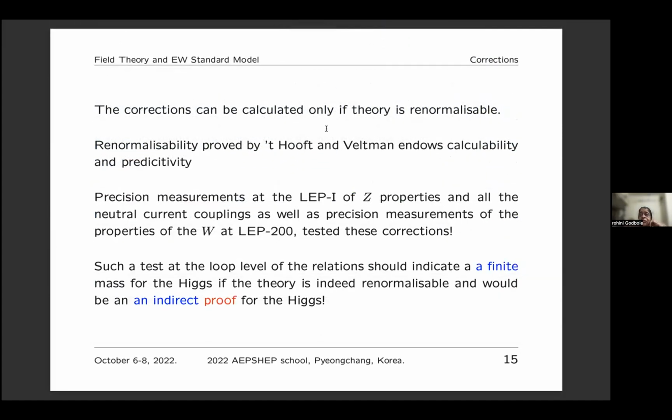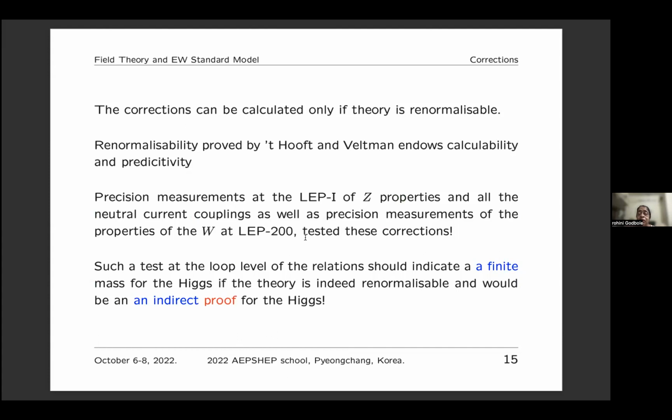Now let me again remind you that these corrections can be calculated only if the theory is renormalizable. Renormalizability was proved by 't Hooft and Veltman, which endowed the calculability and predictability. And then came the precision measurements at LEP1 of the Z properties, all the neutral current couplings, and the precision measurements of the properties of the W at LEP200. What do I mean by properties of the W?